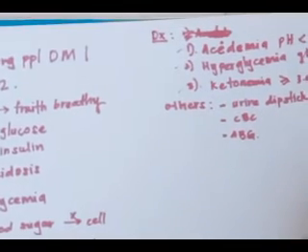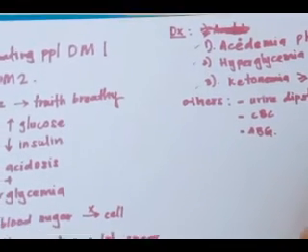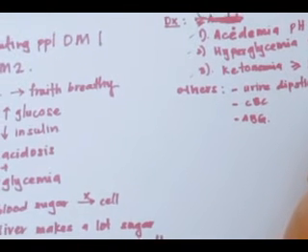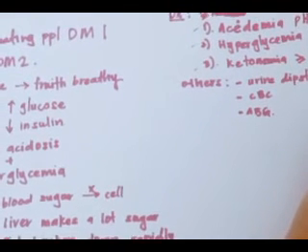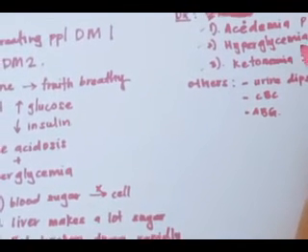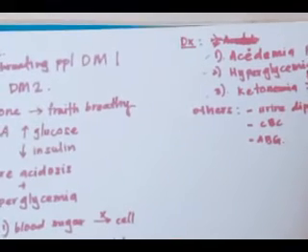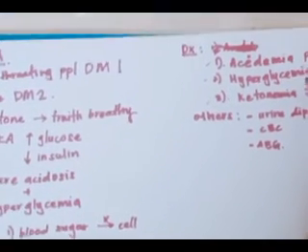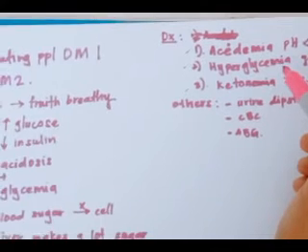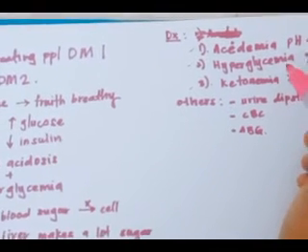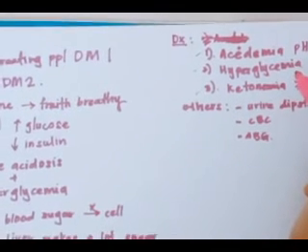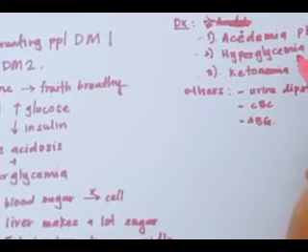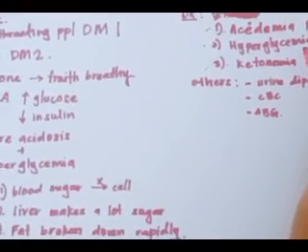In severe DKA, you have to admit the patient under ICU monitoring, and you have to know the blood ketones, venous bicarbonate, venous or arterial pH, and potassium level on admission, GCS, oxygen saturation, systolic BP, pulse, and anion gap.